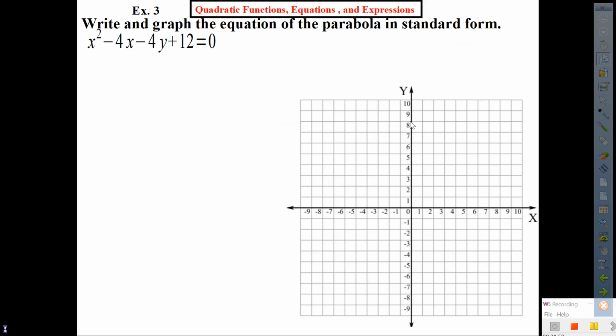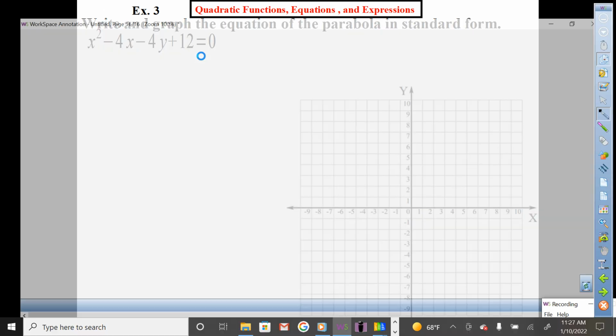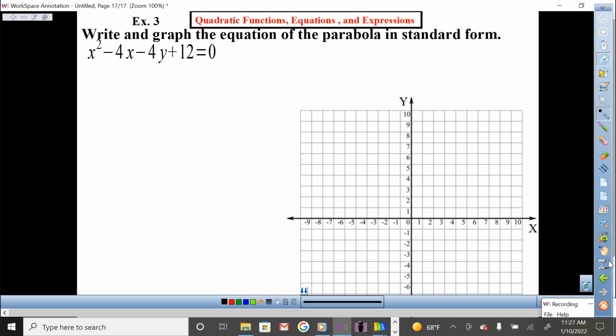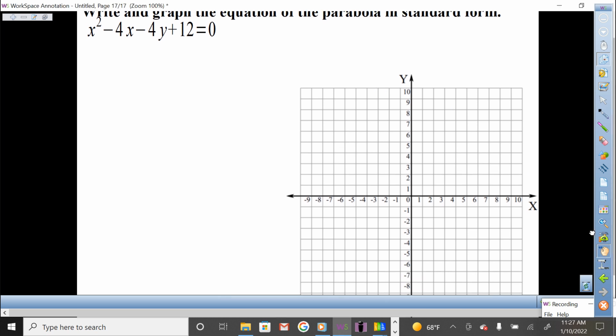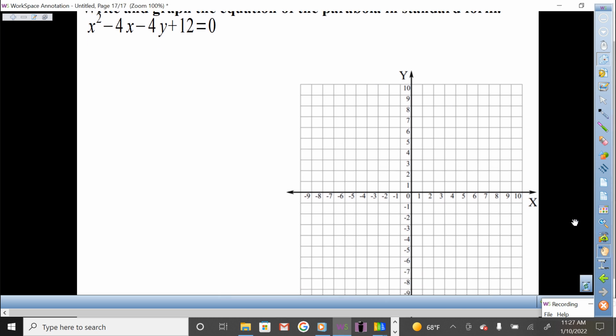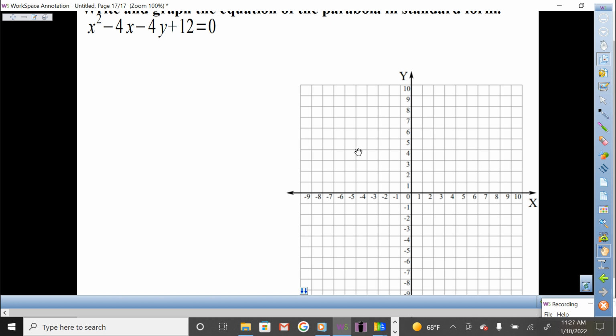Okay? So for today, we need to make this one look like one of the other equations. So writing utensils down, here goes the process. I'll have you copy along the way, but writing utensils down, just pay attention. Look up. To get started, I need to make this one look like what we've been working with. Well, first I need to picture the equation before I start moving that one around.